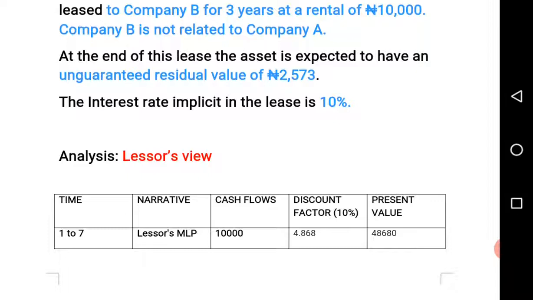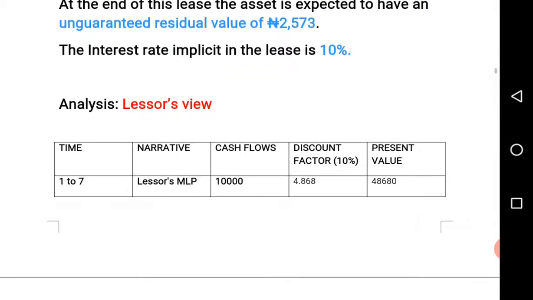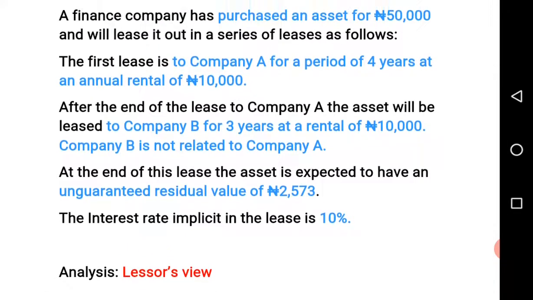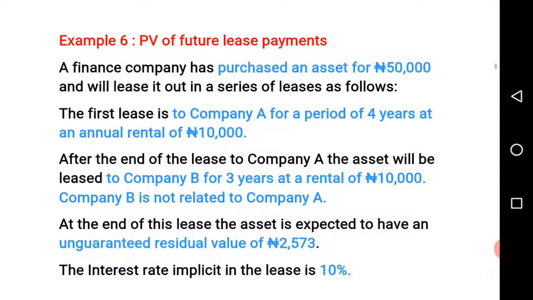The cumulative discount factor at 10% is 4.868. So multiplying 4.868 by 10,000, we get a present value of 48,680.